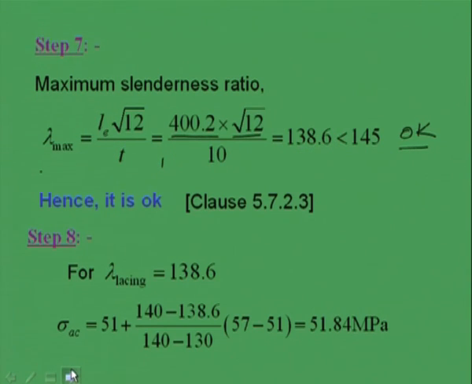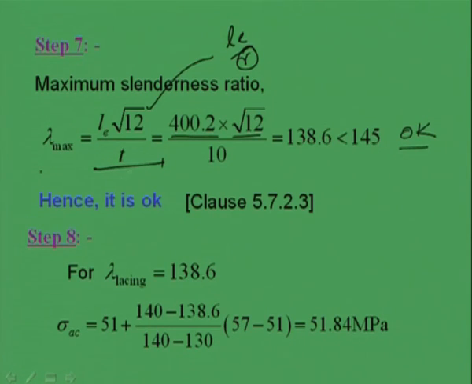So, now we will check the maximum slenderness ratio. For a rectangular type of bar we get LE root over 12 by T. Otherwise, if the lacing bar is an angle or channel like section, then we have to find out LE by R, where R is given in the code for a particular dimension of the section.